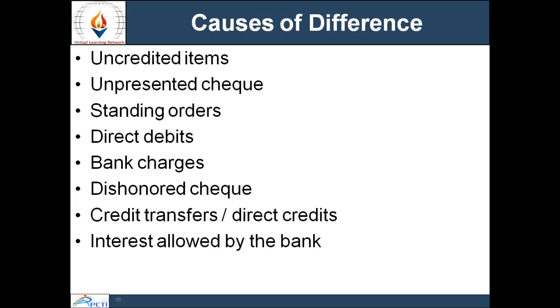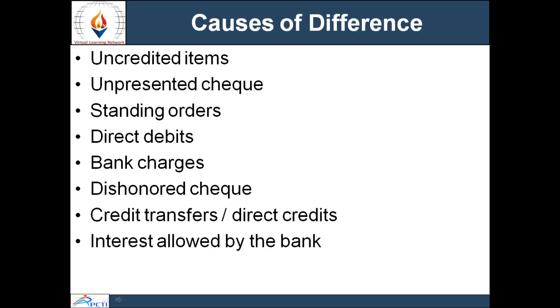They are standing instructions from the firm to the bank to make regular payments. Next is direct debits. They are payments made directly through the bank. Bank charges. They are charges made by the bank to the company for banking services used. Next is dishonored checks.